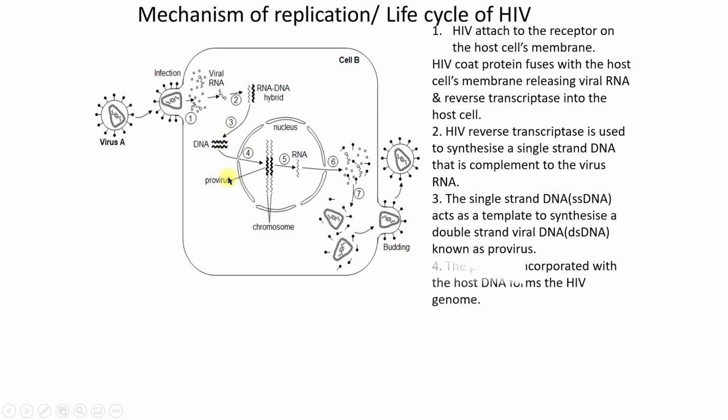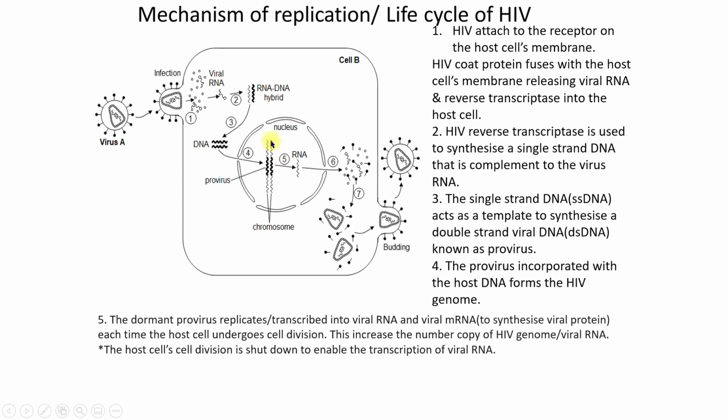So the provirus will move into the host cell nucleus. Now, inside the host cell nucleus, this provirus will incorporate with the host DNA to form the HIV genome. So this is a HIV genome.